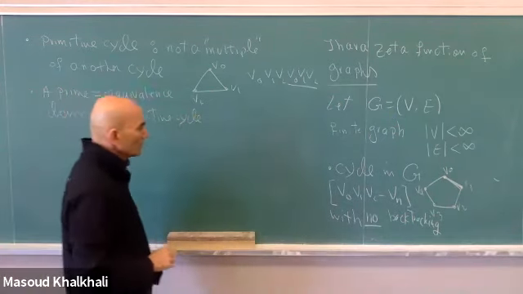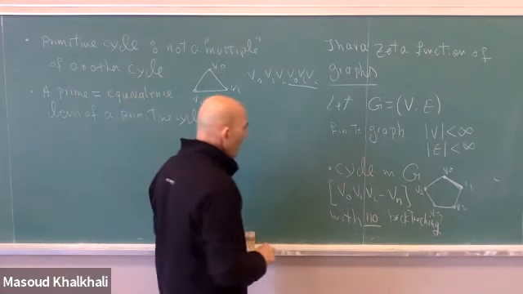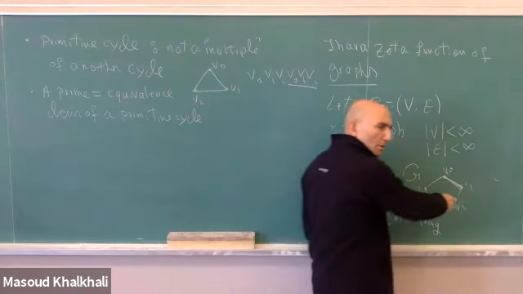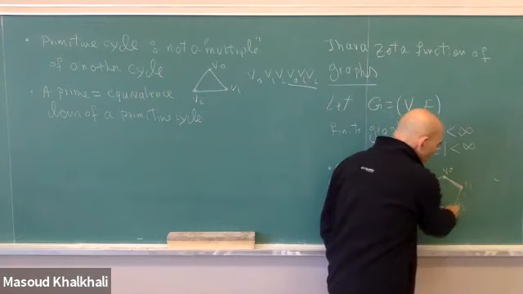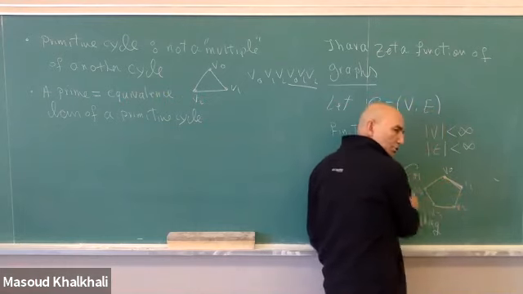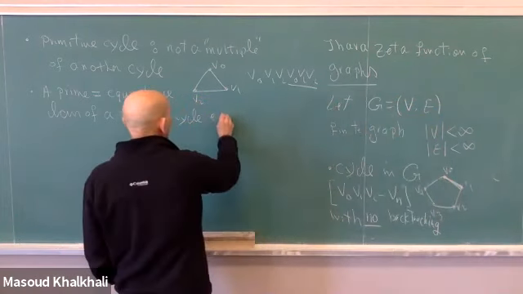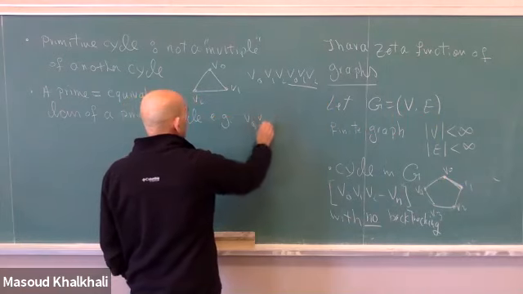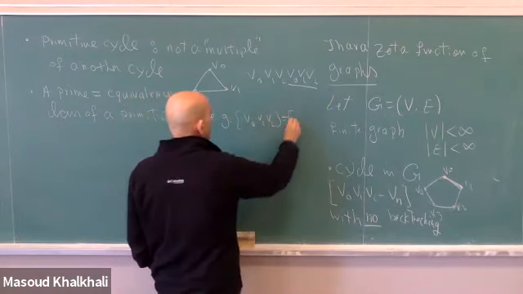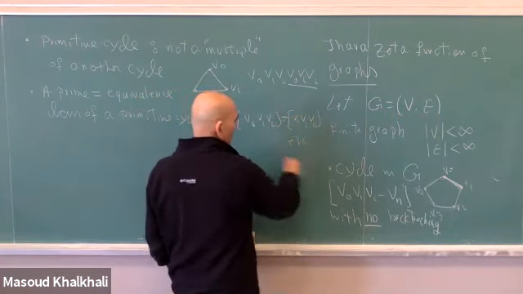What does equivalence class mean? This presentation is not unique. I can start from V1, and geometrically you get the same thing. It looks like a reparameterization. For example, I consider V0, V1, V2 as the same as V1, V2, V0, etc. So that's also clear, right?